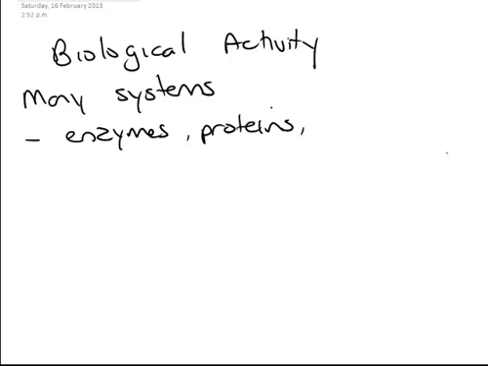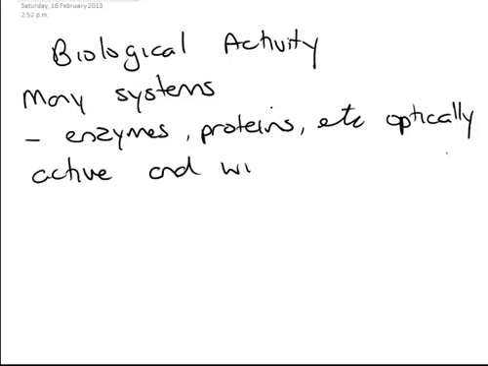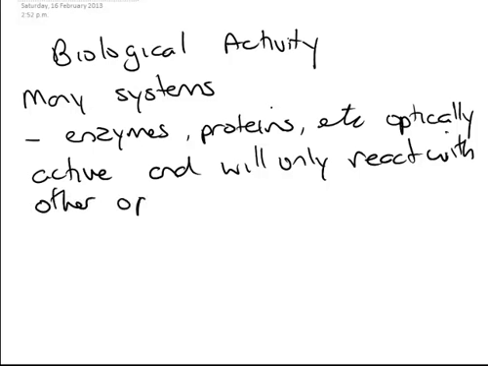Proteins and any other chemicals tend to be optically active and will only react with other optical isomers. So that's where we can have a considerable difference. So that's an important one to point out, and it's very important in medicine.